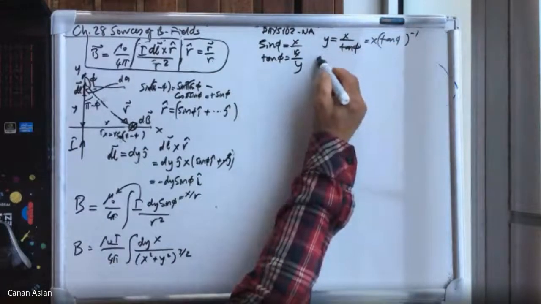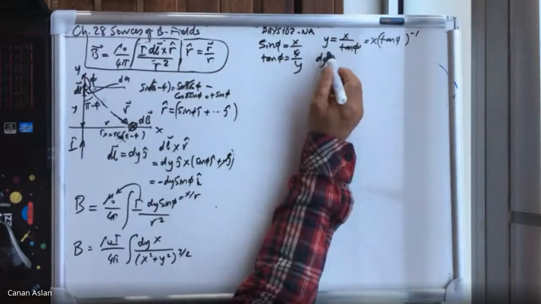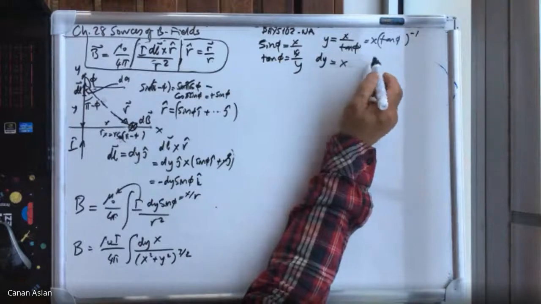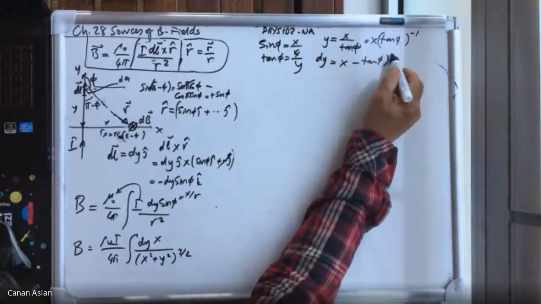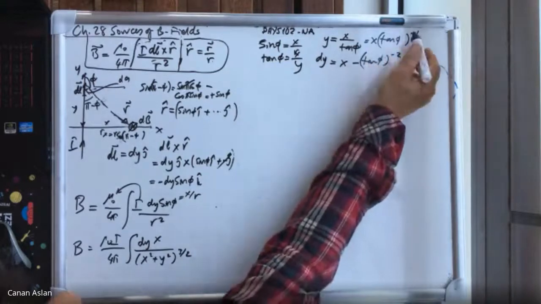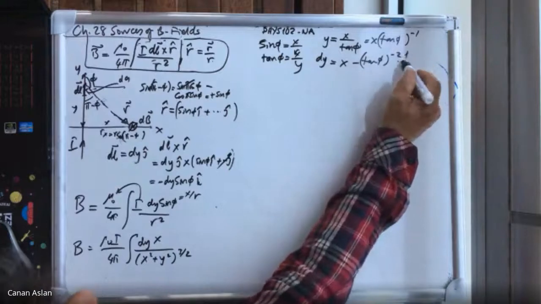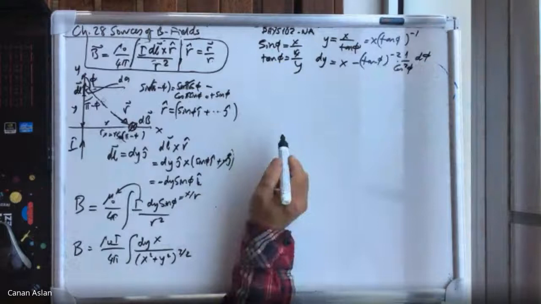So if you want to get dy from here, differentiate both sides. You will get x times minus tangent phi to the power of minus 2, times the derivative of tangent phi with respect to phi, which is 1 over cosine squared phi, times d phi.